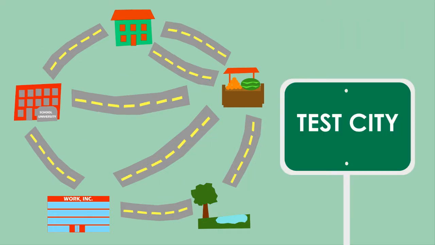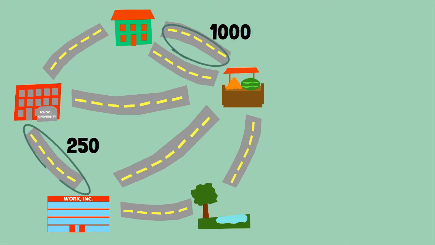Let's say we don't know anything about the city. The roads are there, that's all we know. We don't even have to know how many times each individual road was passed through. If we know, for example, that the car passed through this road 1,000 times and 250 cars passed through this road.